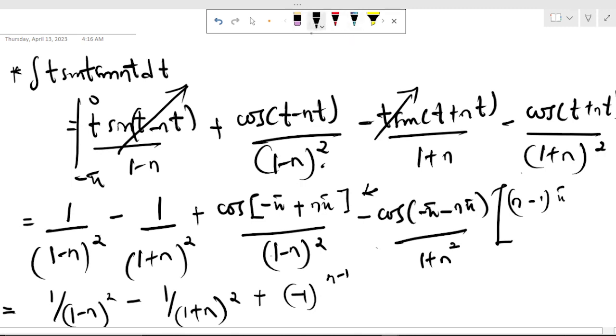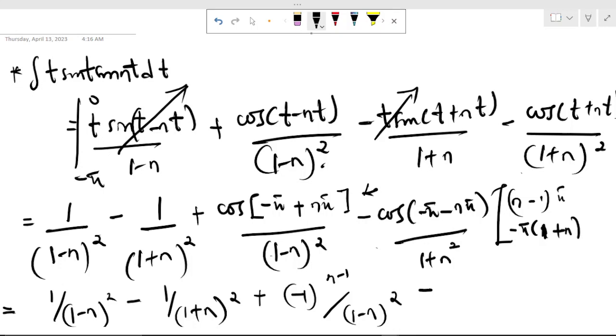Okay, so we have over 1 minus n all squared. Then factorizing here, we have minus pi times 1 plus n. But because cos is an even function, cos of minus pi times 1 plus n is the same thing as cos of pi times 1 plus n.